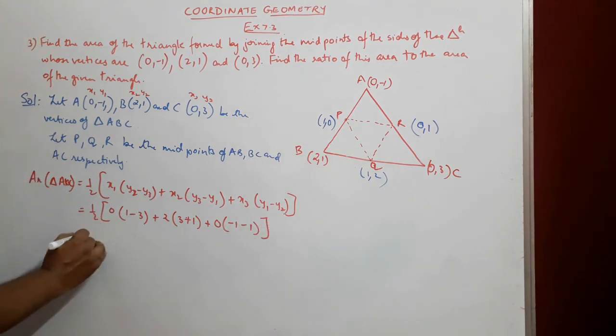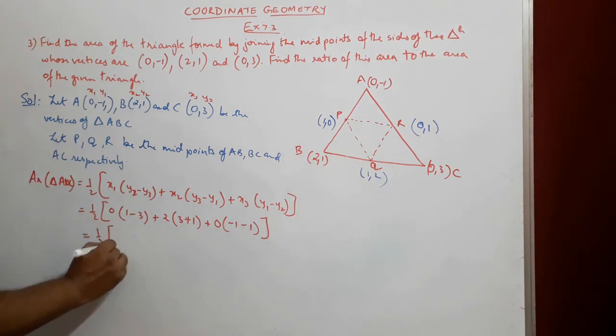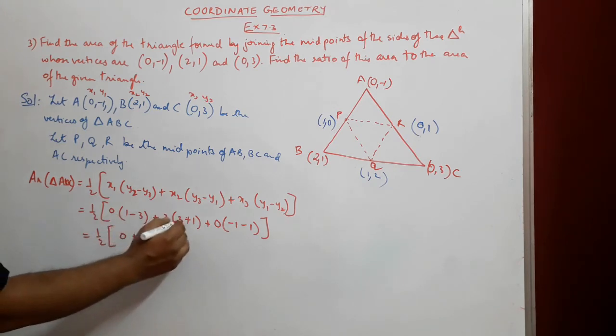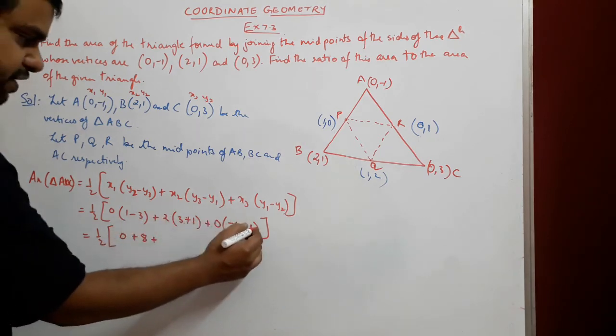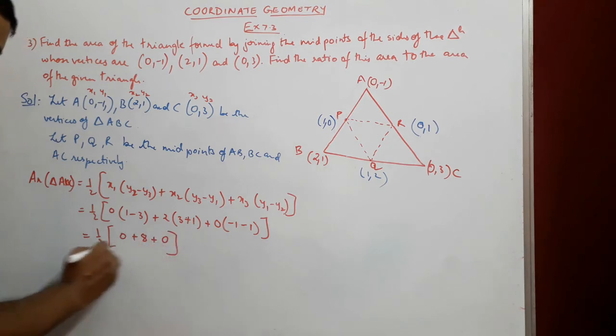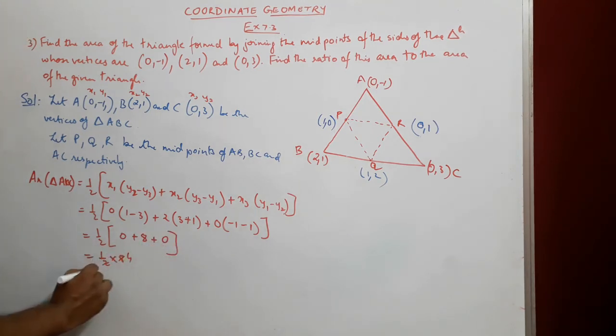Close the bracket. Half. Now 0 into anything is 0, so I will not bother opening up this. Plus 3 plus 1 is 4, 4 into 2 is 8, plus 0 into anything is also 0. So left with half into 8, cancel, left with 4 square units. So area of triangle ABC is equal to 4 square units.